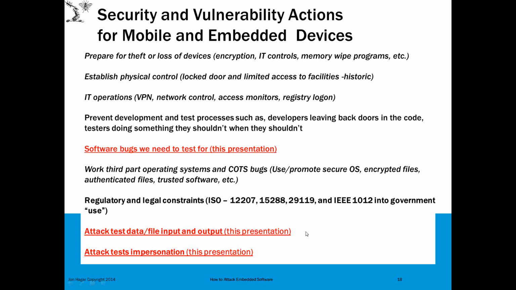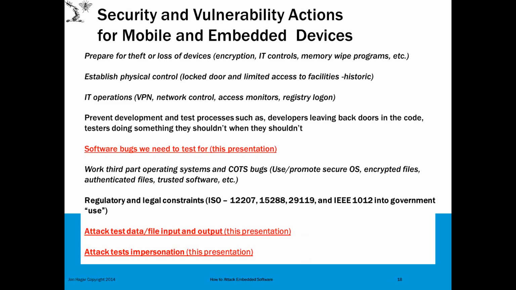So, what I want to focus this presentation on are the items highlighted in red here. The software bugs that we need to test for, some attacks on the inputs and outputs, noting that there's a lot more attacks than I can cover in a short webinar.